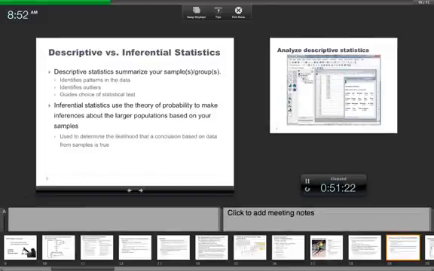Inferential statistics is based on the theory of probability to make inferences about the larger populations based on the samples. So it is used to determine the likelihood that a conclusion based on the data from the sample is true or not.